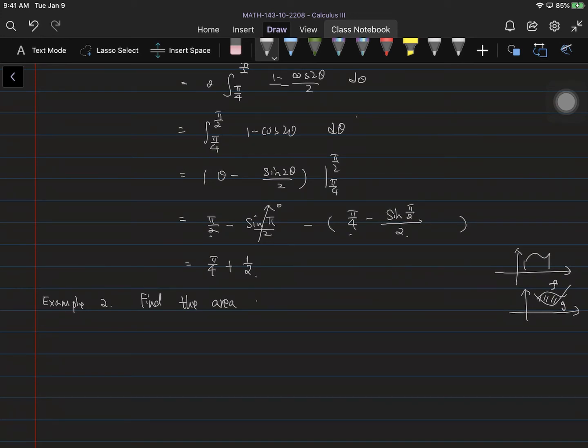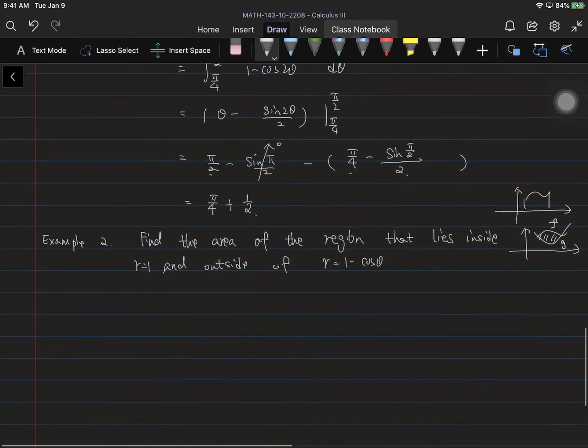Okay. Area of the region that lies inside r equals 1. So you know what is r equals 1? All the r equals 1 is a circle, right? And outside of r equals 1 minus cosine theta.